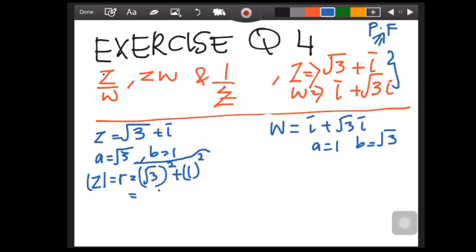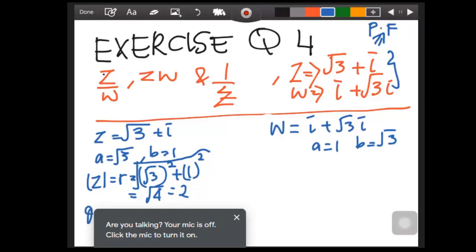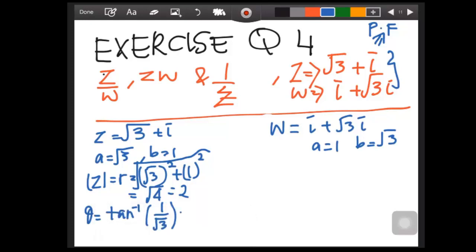Square root 4, kita dapat 2 lah. Right, so how about the theta? Okay, shift tangent. So kita ada b kita adalah 1 per root 3. So dapat berapa theta dia? Okay, so yang ni kita dapat 30 lah dia punya ni.